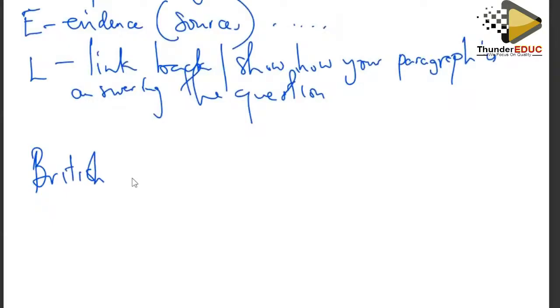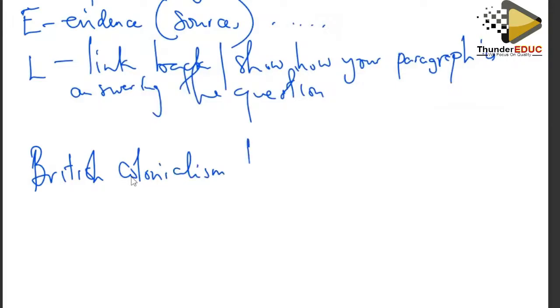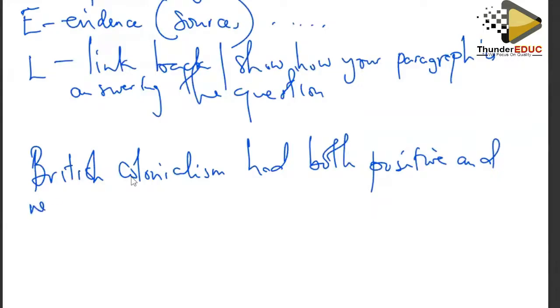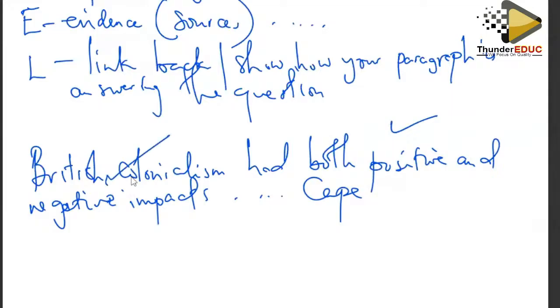So your answer might be British colonialism had both positive and negative impacts, so that you can accommodate the different dimensions of impacts that were posed on different groups. It brought both positive and negative impacts to the population of the Cape. This is your answer. We want to see an answer. The answer is here, positive impact and also negative impacts.